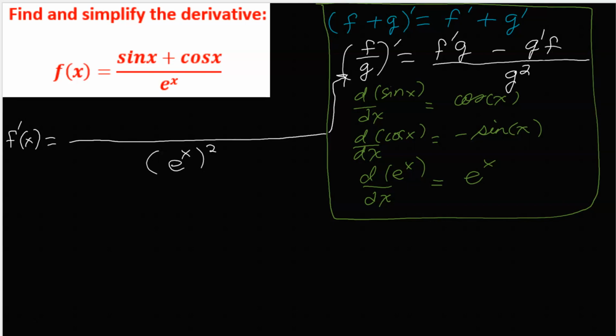And then the numerator has the derivative of the first, which would be sine x plus cosine x, and the derivative of a sum is the sum of the derivatives, so that will just be cosine of x minus sine of x, multiplied by the denominator, which would be e to the x, minus the derivative of the denominator, which is e to the x, multiplied by the numerator, which would be sine x plus cosine x.